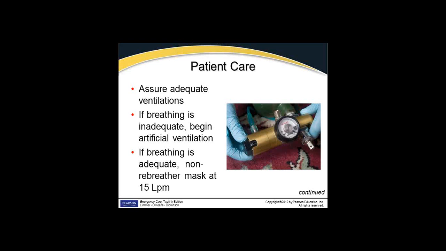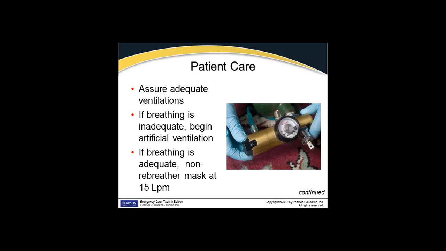So to move on to some of the patient care items, we first of all need to assure adequate ventilation. The rest of it doesn't matter much if ventilation isn't going on. If we don't have good ventilation, we can do all the other fun stuff, whether it's controlling bleeding, splinting broken bones, or using a nasal cannula or a CPAP device eventually. None of that matters if the patient can't move air in and out on their own.